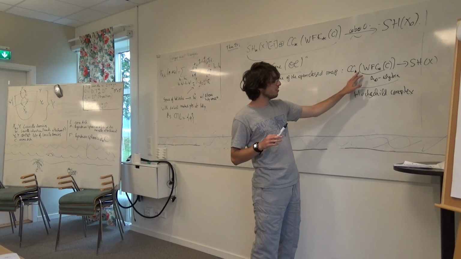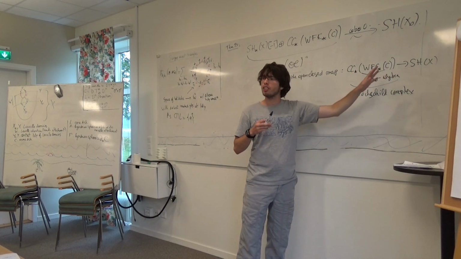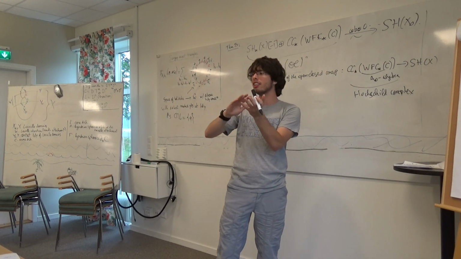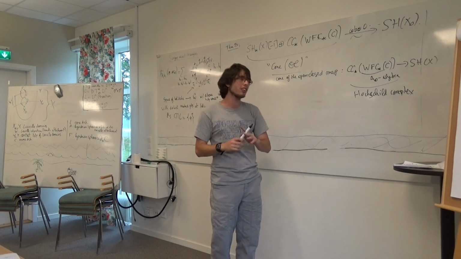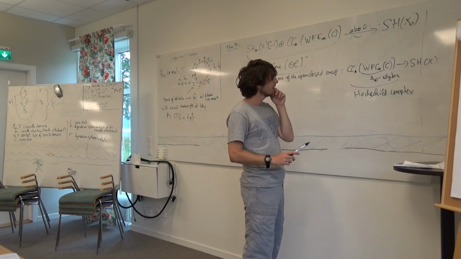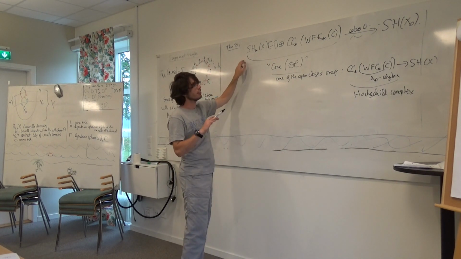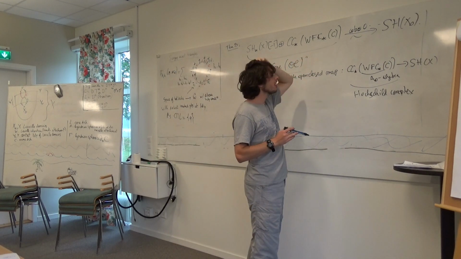The Hochschild complex is supposed to count the deformations of an infinity algebra. That's why you say the deformation of the identity. It means deformation of the structure of an infinity algebra. So this is what it counts. Okay, so this result, one more word: it's a kind of split generation result.